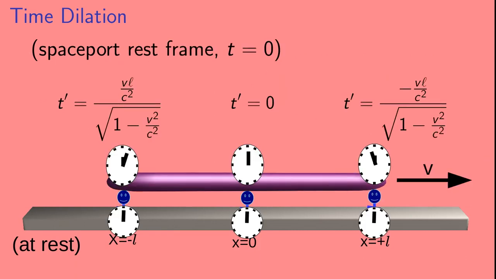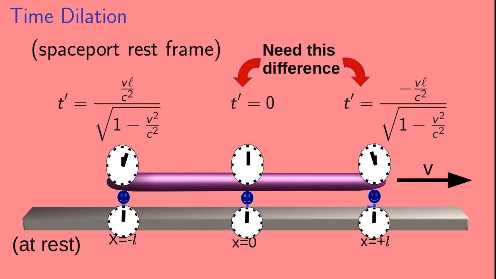We also saw before that in the spaceport rest frame, the clocks on the spaceship do not all show the same time. We can look at the difference in times shown on a spaceship clock at x equals 0 and one at x equals L.